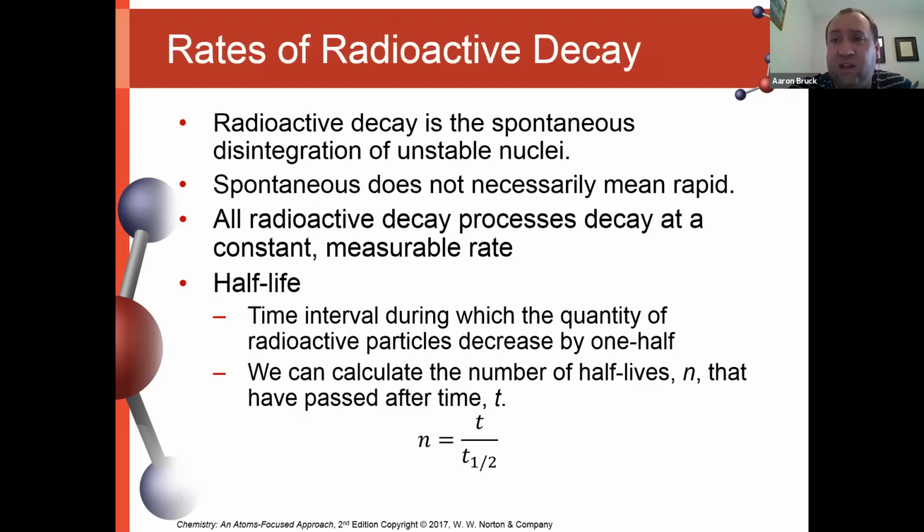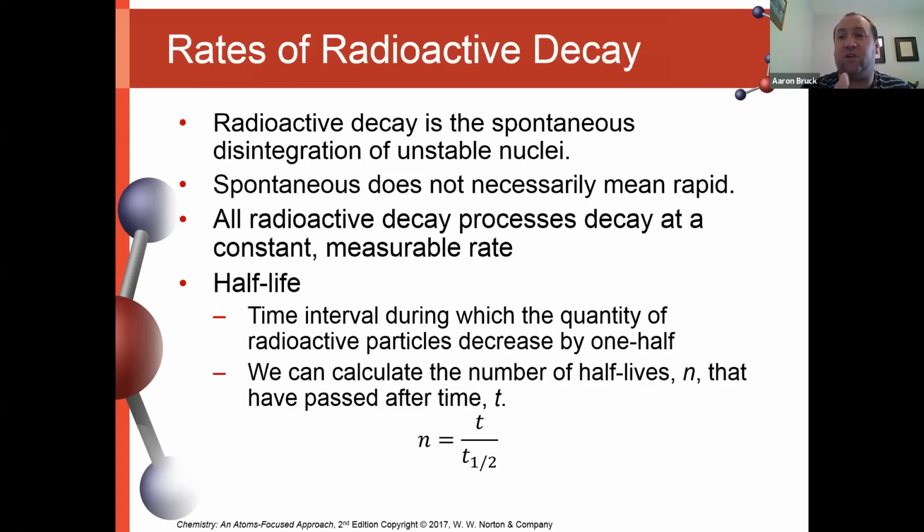And when it comes to spontaneity, radioactive decays are spontaneous. What's also interesting about them, though, is that they all decay at a very measurable and constant rate. We call that rate a half-life. So the half-life of a radioactive decay is the amount of time it takes for half of the radioactive particles to decay.